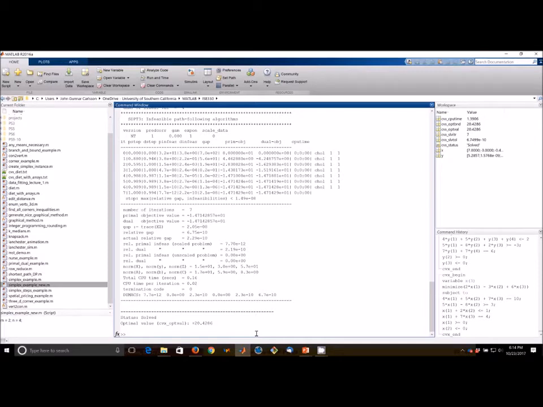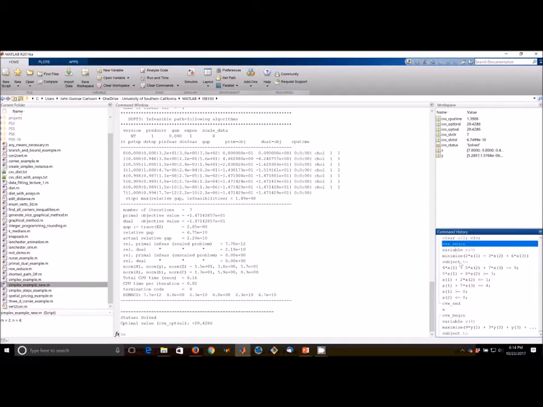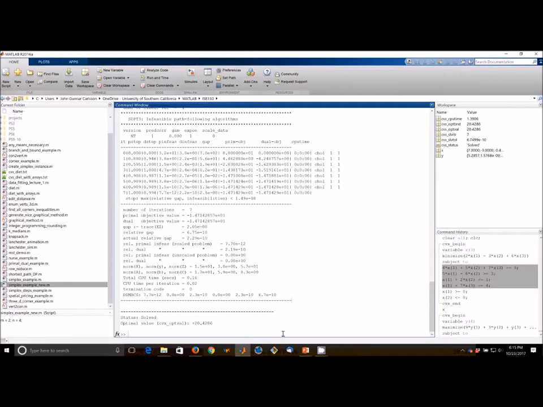Let's take that right-hand side, which was 9, 3, 1, 4, and so we'll look at 9 times y1 plus 3 times y2 plus 1 times y3 plus 4 times y4, and that's going to give me 15.14. Okay, that's the dual value.